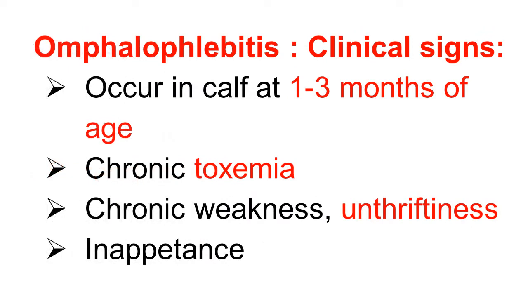We discuss here clinical signs of omphalophlebitis. It generally occurs in calves at 1 to 3 months of age. Due to infection, there is chronic toxemia. The calf shows chronic weakness and is unable to suck the mother.